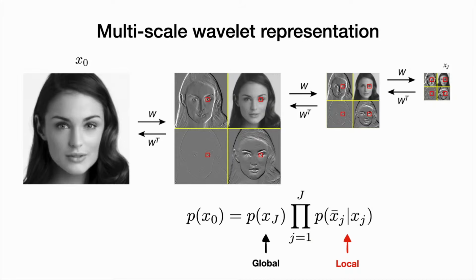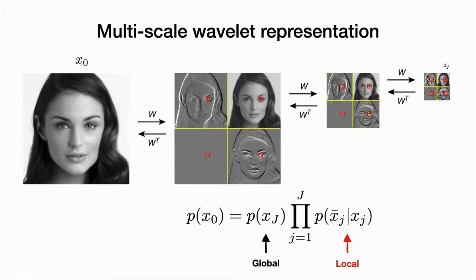At the end, we can recur until the low pass image is quite small. Now we have a global density over this very small, tiny image, and then we have all of these larger coefficient maps, but the density over these are Markov random fields. They are smaller. Okay, this is great.